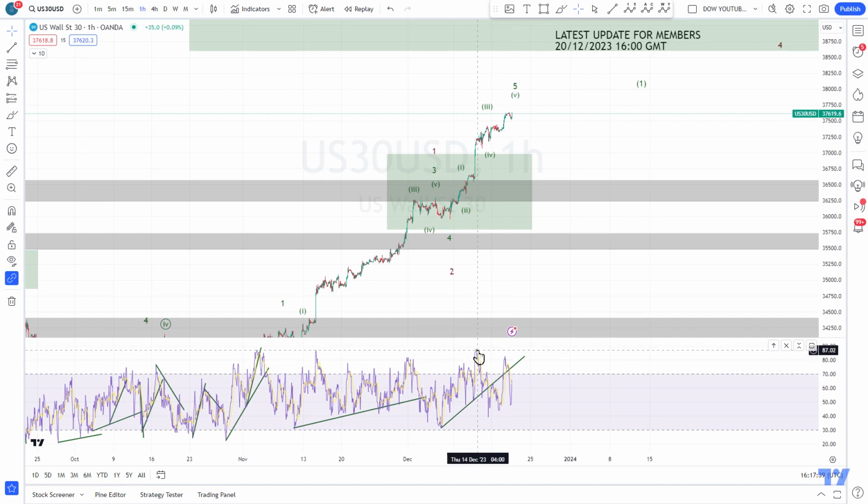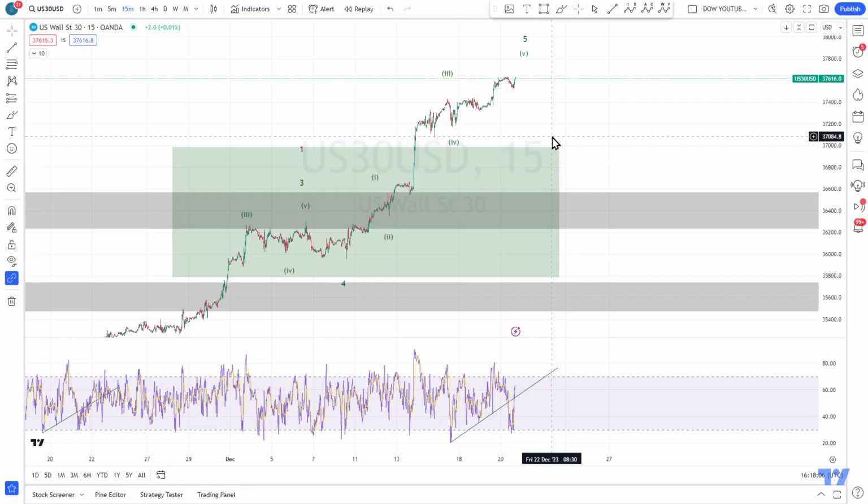We did not take out the high right here, the wave 3 of 3. So therefore, I believe that this structure here is also ending on the 1 hour. So I still stick with the scenario in green. If we would erase our divergence, then we have to switch to the scenario in red.